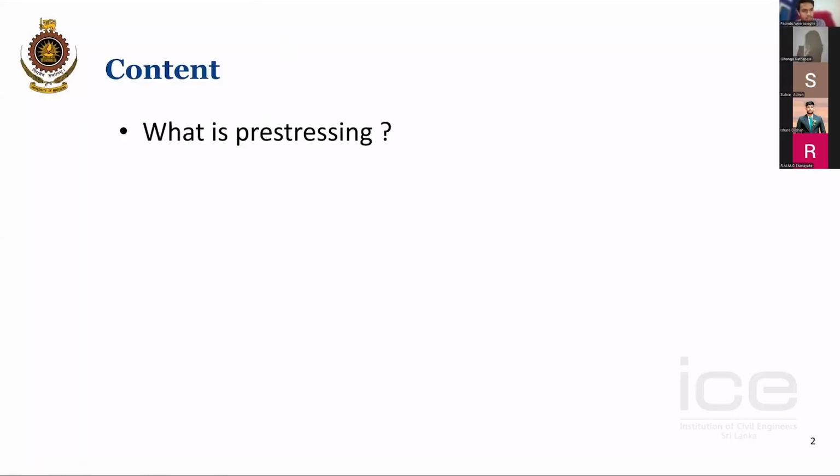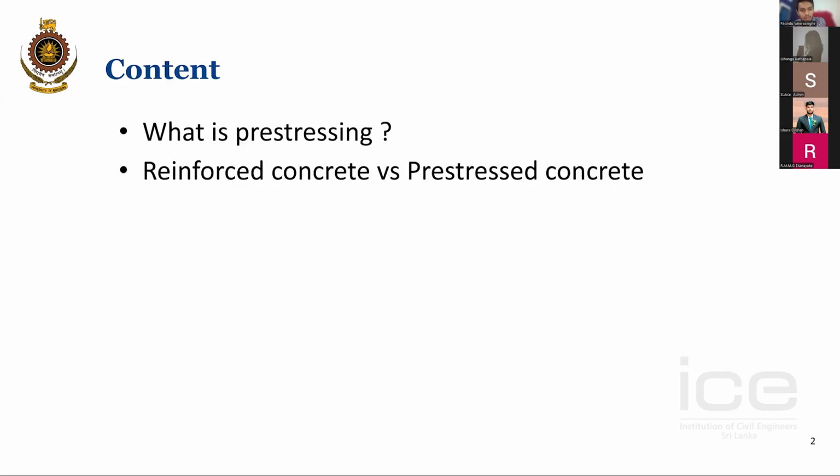Basically, I will start from what pre-stressing is and how it differs from reinforced concrete, the similarities and differences in terms of material behavior, how they transmit the load, and the stress variation across the cross section. Pre-stressing has 2 main ways of applying the pre-stress: pre-tensioning and post-tensioning.